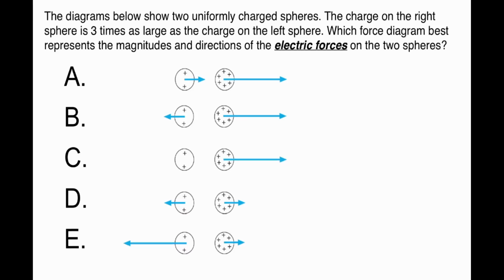I don't know if it's too hard to see or not, but all of those charges are positive, right? Whether there's 2 charges on the ones on the left-hand side or 6 charges on the ones on the right-hand side.